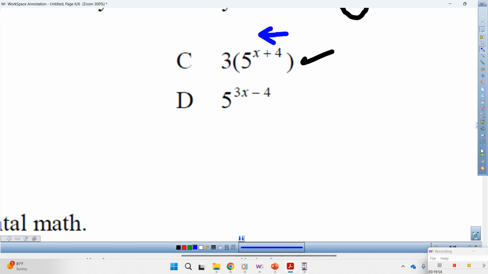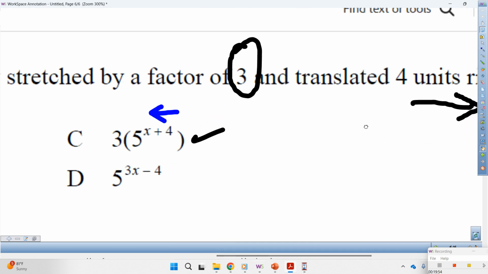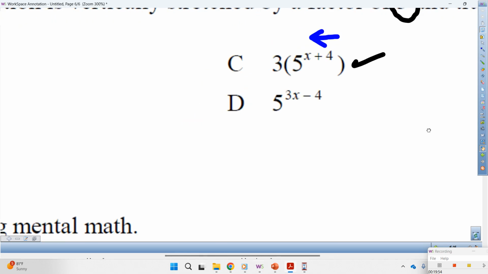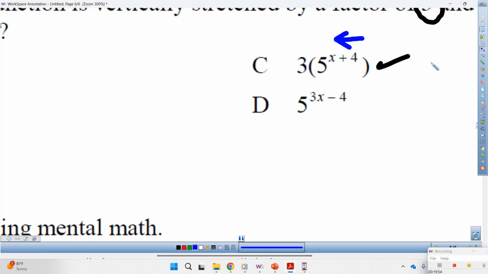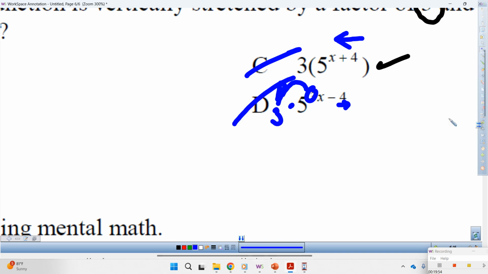And what are they saying to move it to which direction? To the right. So it cannot be C. This one is moving it to the right. However, this 3 does not go there. The 3 is supposed to go in the front in order to stretch. So it cannot be that one.